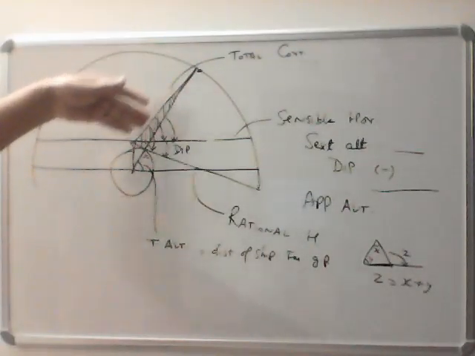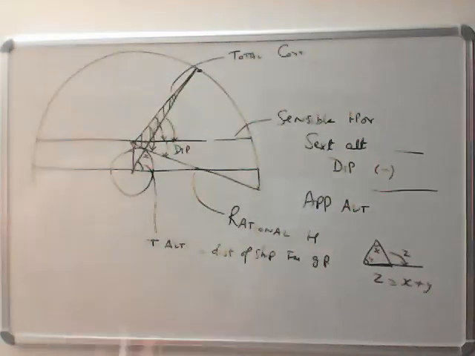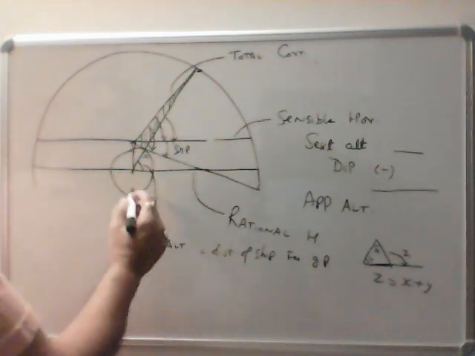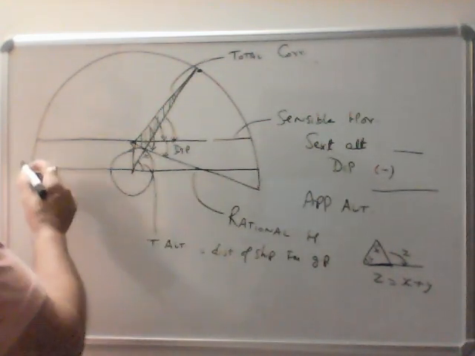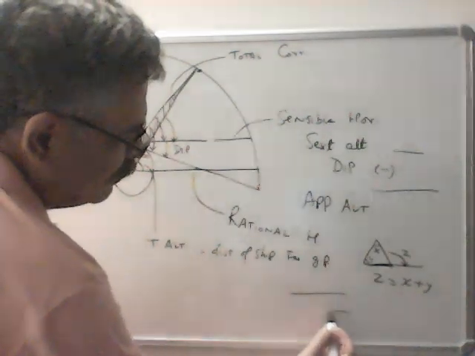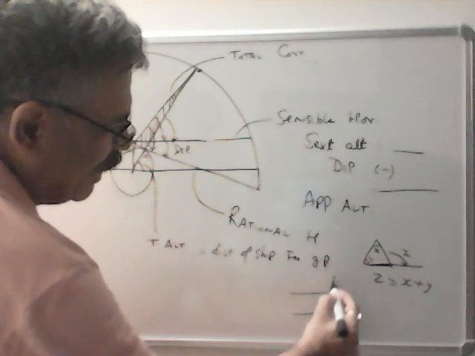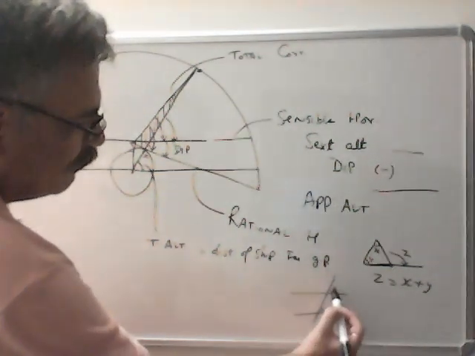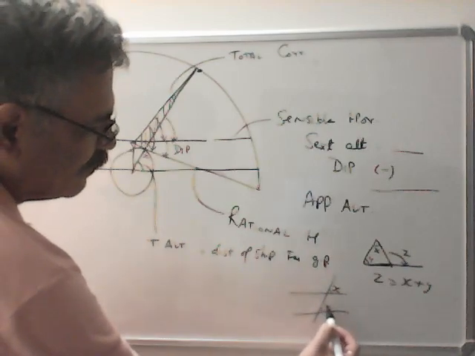Now in this triangle, this is the exterior angle. And another thing is, these two lines are parallel. So two parallel lines, and you have a third line like this. So corresponding angles are equal. If this is x, this is also x.